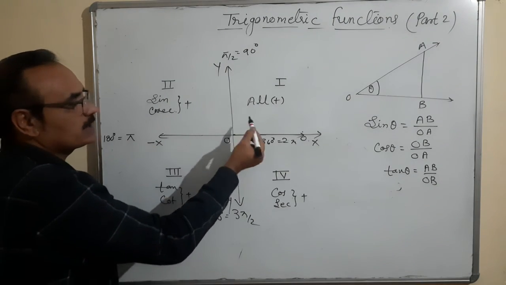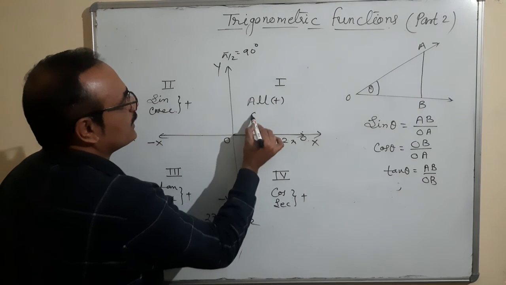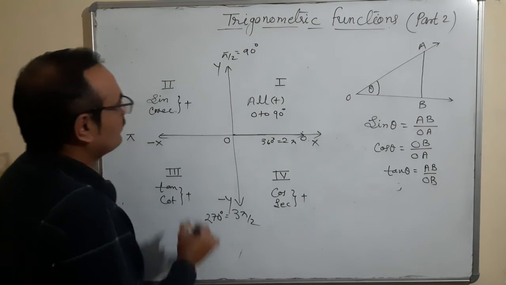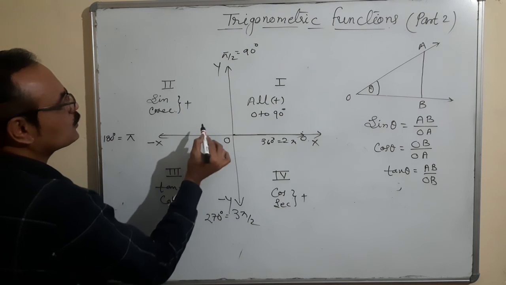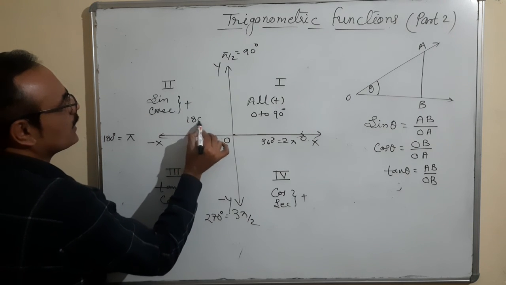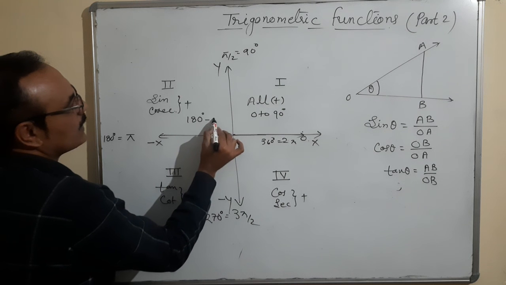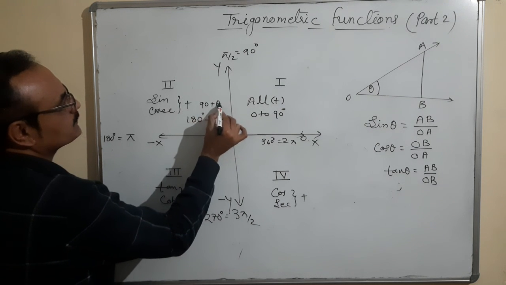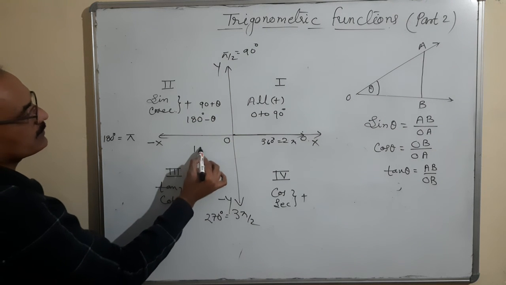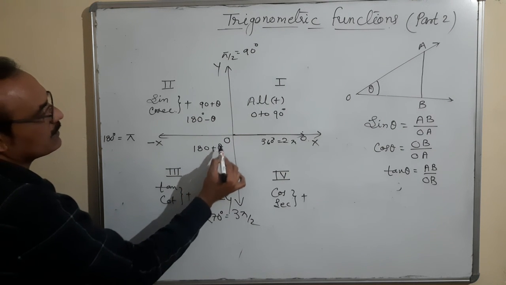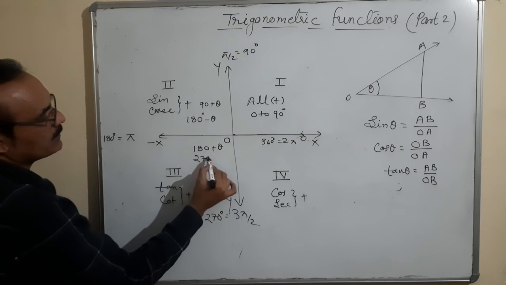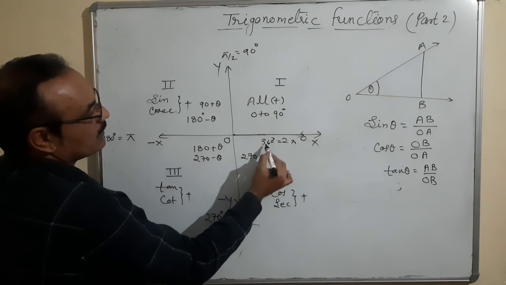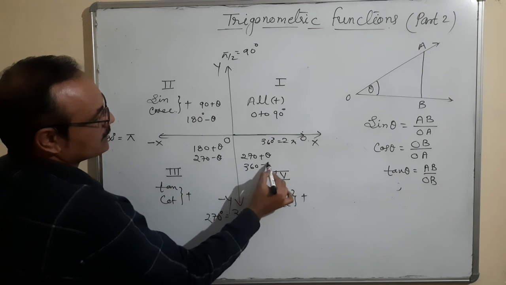This is 180. This is 90, 0 to 90. Here 0 to 90 degree. Here what to write? 90 to 180, that means 180 minus theta or 90 plus theta. Then 180 plus theta, 270 minus theta, then 270 plus theta and 360 minus theta.